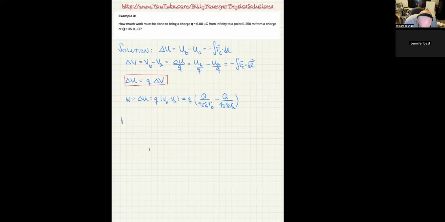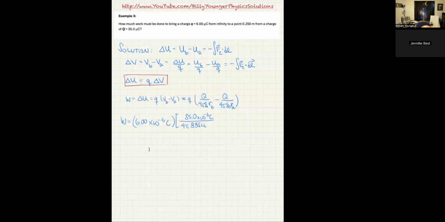So we can finally say that W is going to equal 6.00 times 10 to the negative 6 coulombs. The negative 6 is because it's microcoulombs that we found. Then we multiply it by 35.0 times 10 to the negative 6 coulombs over 4 pi times 8.85 times 10 to the negative 12th coulomb squared per newton meter squared.